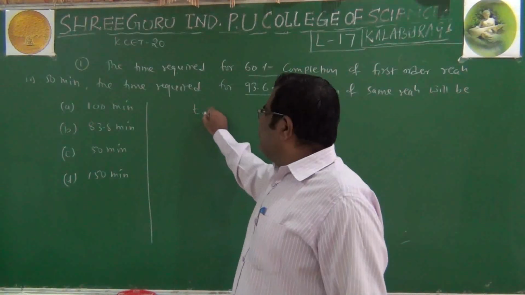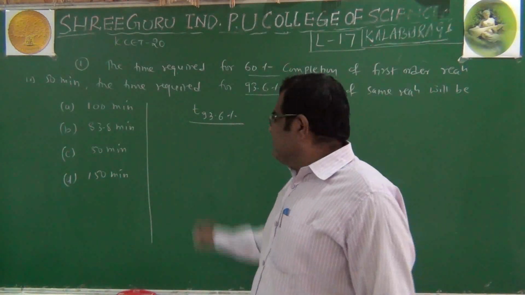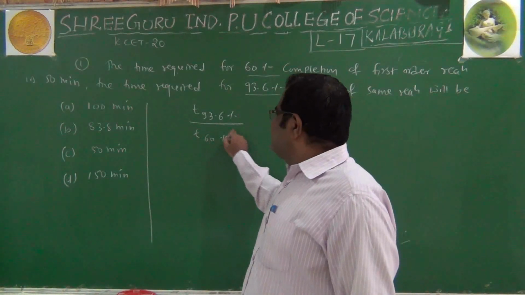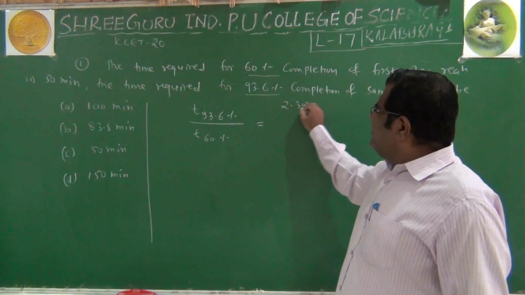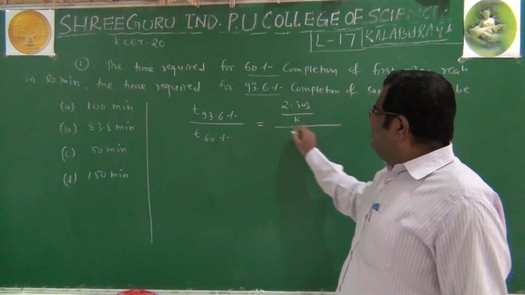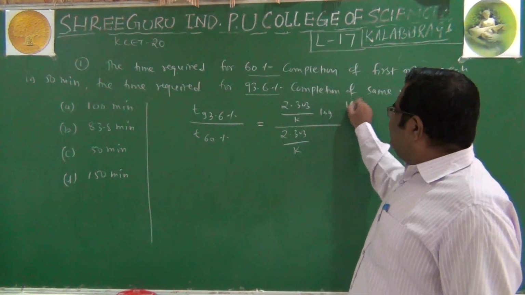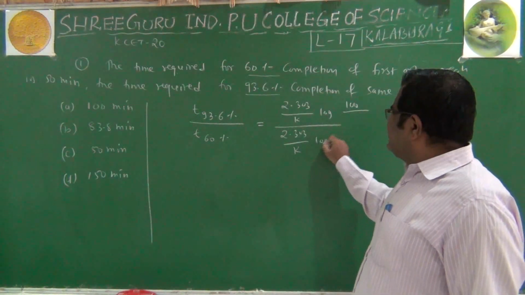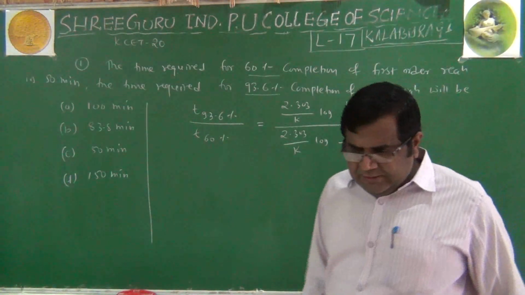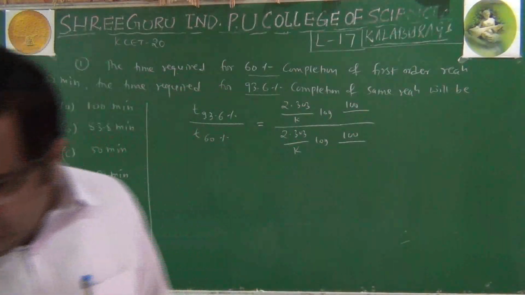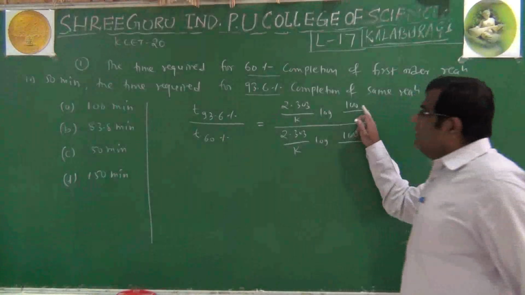So we'll take this ratio, time of completion for 93.6% to time for 60% completion. Ratio we are taking: 2.303 by K log of 100, the initial concentration, because they are given in percentage, and this 93.6 we have to subtract from 100.